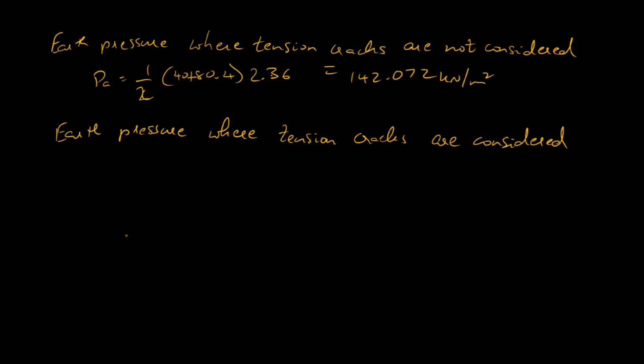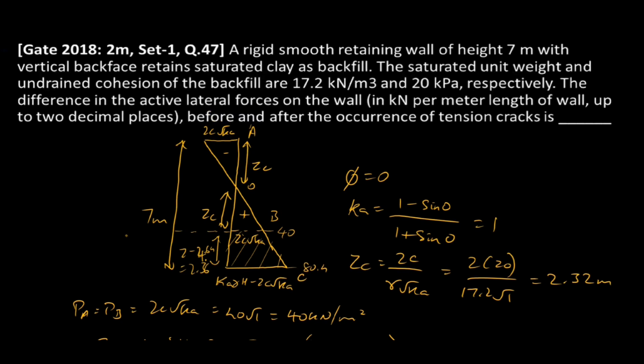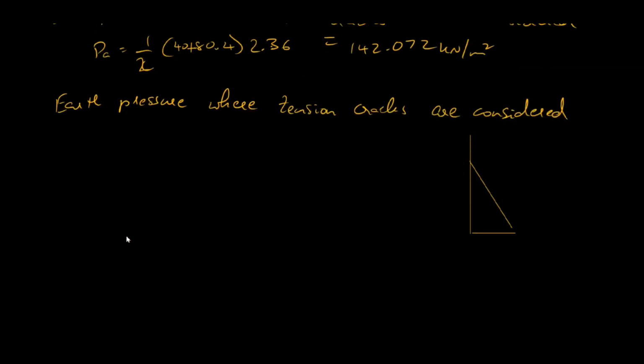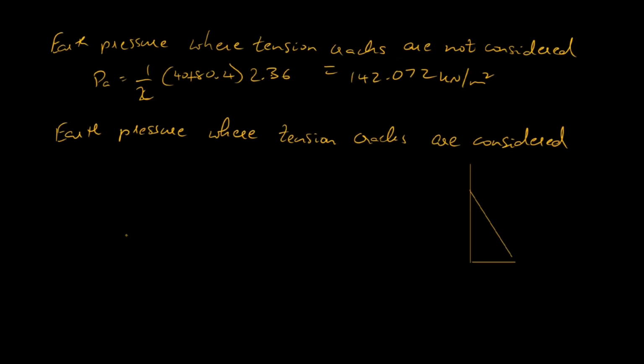Earth pressure when tension cracks are considered, then the diagram will look like this, because we are considering till this zone. We are considering till this zone, and the height will be equal to 2.36 plus 2.32.